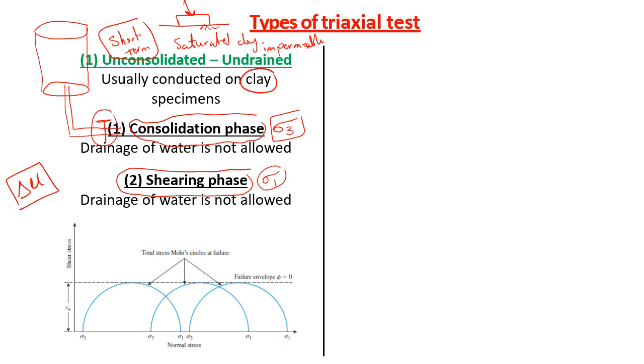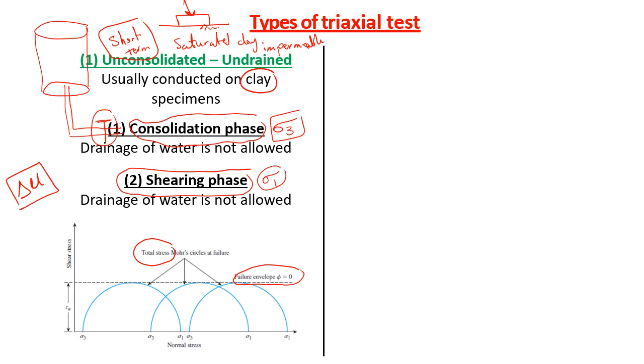When you draw your Mohr circles, you will find that they give you a horizontal failure envelope. The tangent will be a horizontal line, and these Mohr circles are in terms of total stresses.